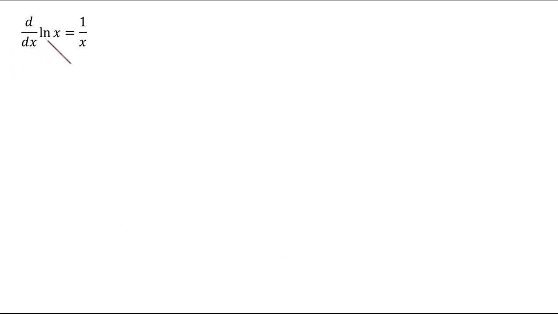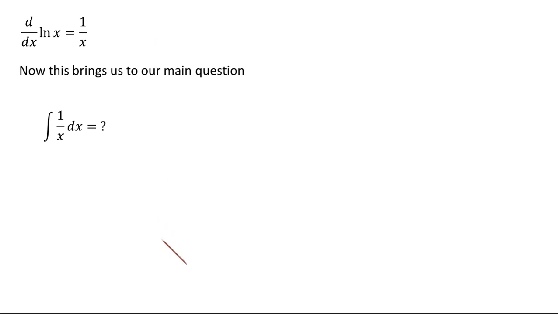So since the derivative of natural log of x is 1 upon x without any residue, this brings us to our main question. What is the integral of 1 upon x dx? So we can say from looking over here that the answer is natural log of x plus c.